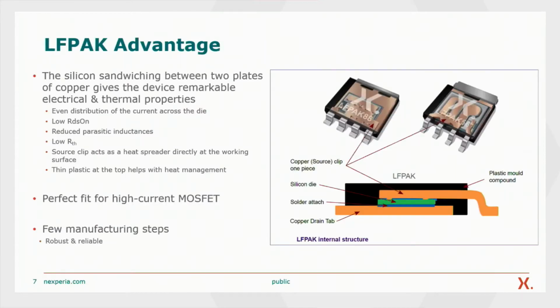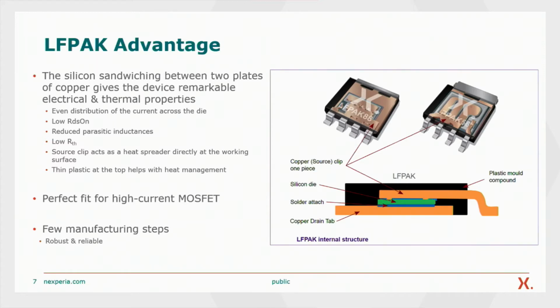What allows us to have this high current capability is the actual package, amongst other things, such as the die and the structure of the silicon. Now, the silicon itself is sandwiched between two copper plates, the drain tab as well as the source tab, or the source clip bond.